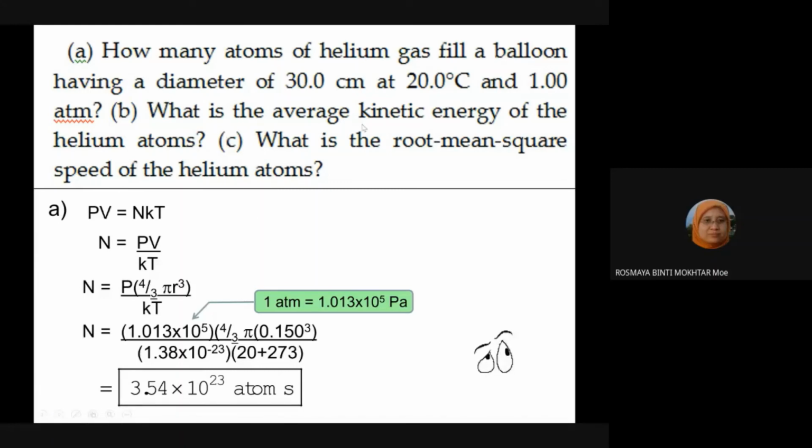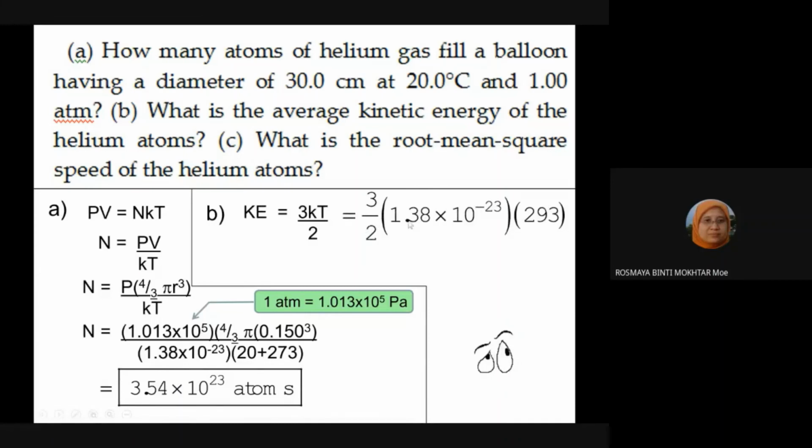What is the average kinetic energy of the helium atoms, or mean kinetic energy? For question B, we use kinetic energy equals 3kT per 2. So we substitute the values of k, the Boltzmann constant, 1.38 times 10 to the power of negative 23, and the temperature in Kelvin.